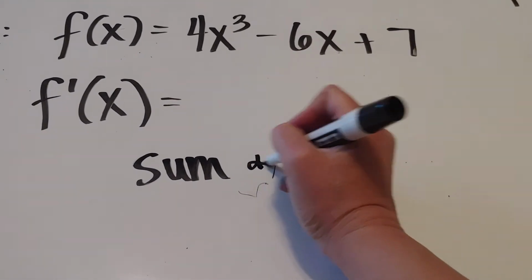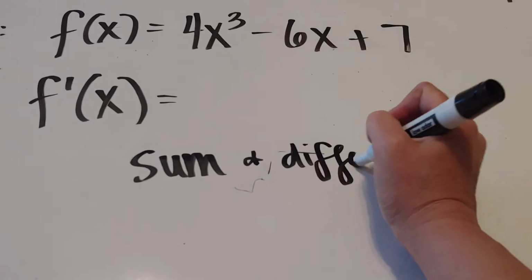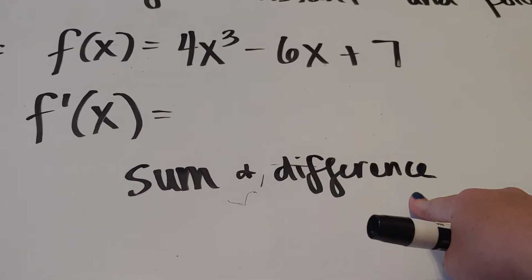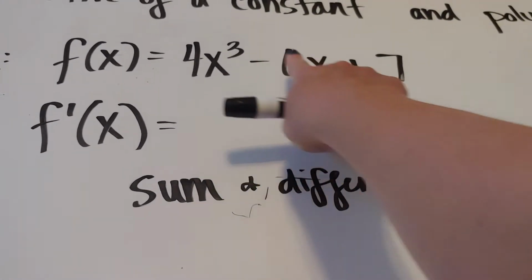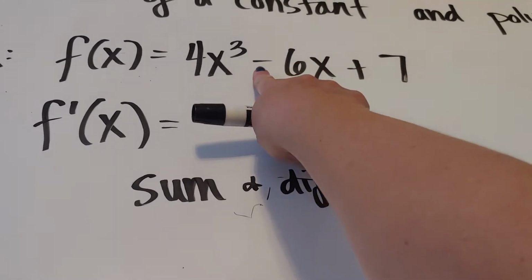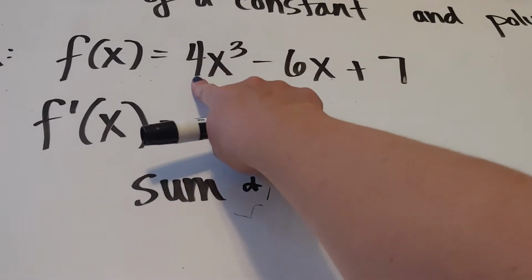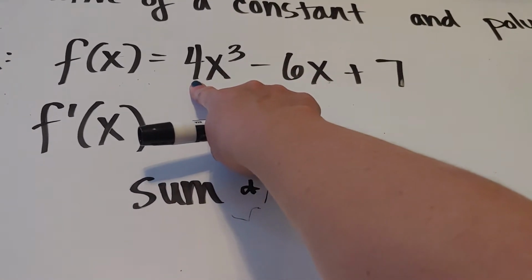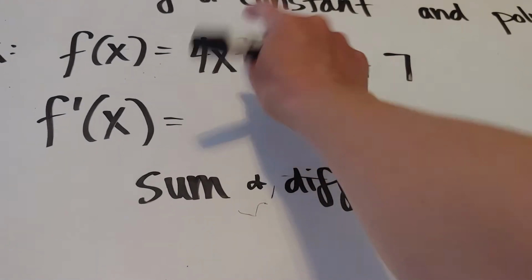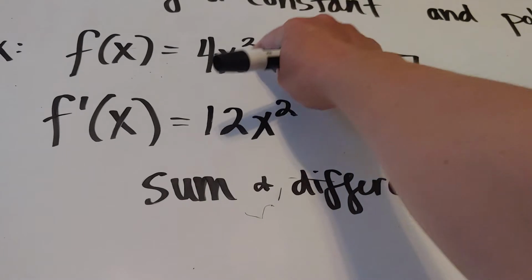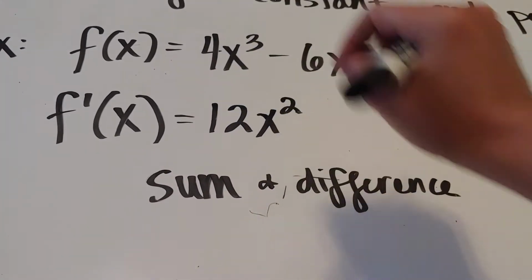So when you look in our textbook and you see the sum and difference rules, it's basically giving us permission to just take the derivative term by term, and whatever sign is gluing it together still glues it together. So here, the derivative of 4x cubed is 4 times 3, which is 12x squared. The 3 comes down, subtract 1.